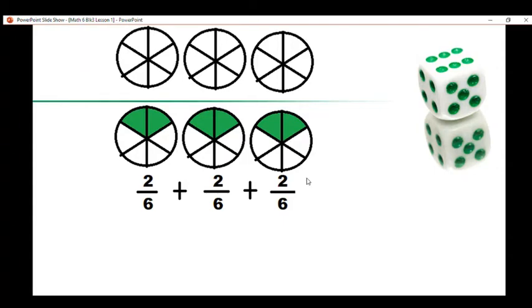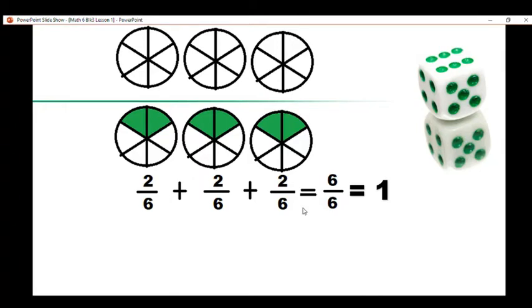When we are adding like fractions, we just simply copy our denominator and add our numerators. 2 plus 2 plus 2 is 6. Copy our denominator, that is 6. So 6 divided by 6 is equal to 1. So meaning, Sarah can get 1 whole cake.